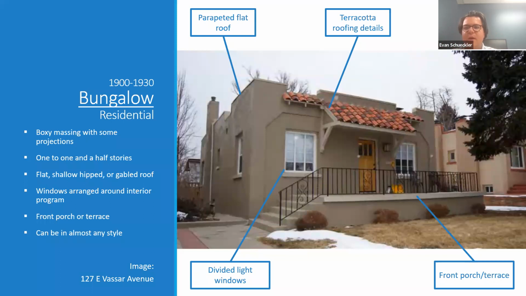The windows, again, arranged around the interior program, and then often with a front porch or maybe a little terrace. So this is an example of a bungalow that's a little bit more in that Spanish colonial style, which is given away by the terracotta tile roof and the open terrace at the front. But it's to say that the bungalow is a type as distinct from the style, though most bungalows you'll see in Denver are going to be in the craftsman style.